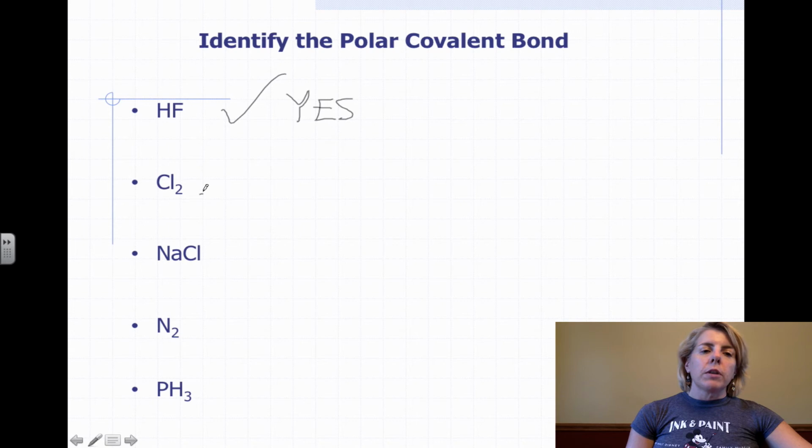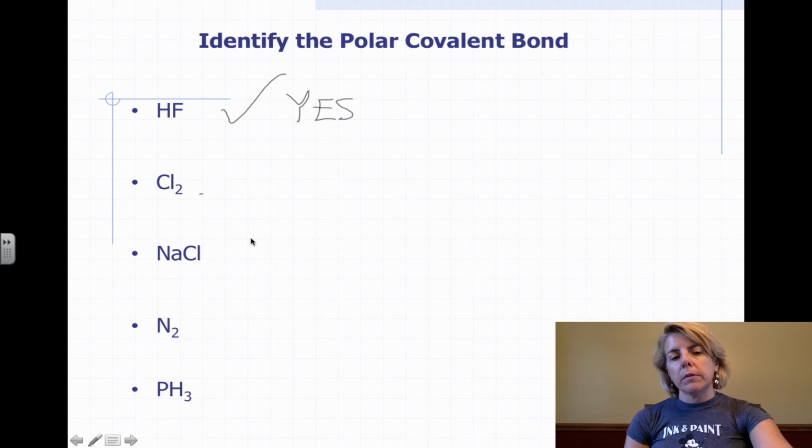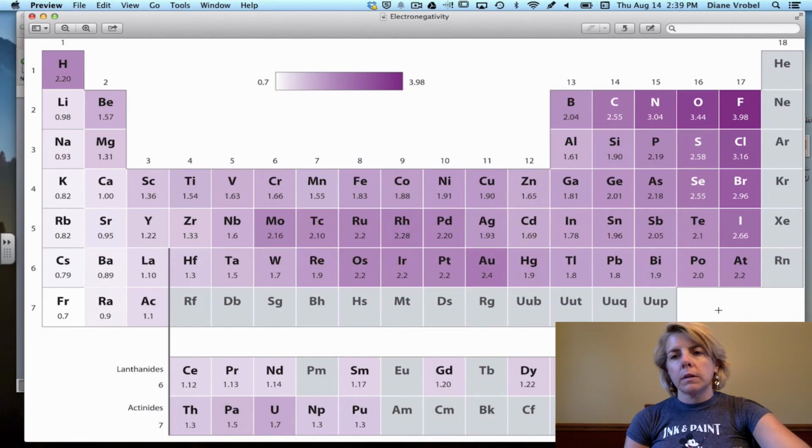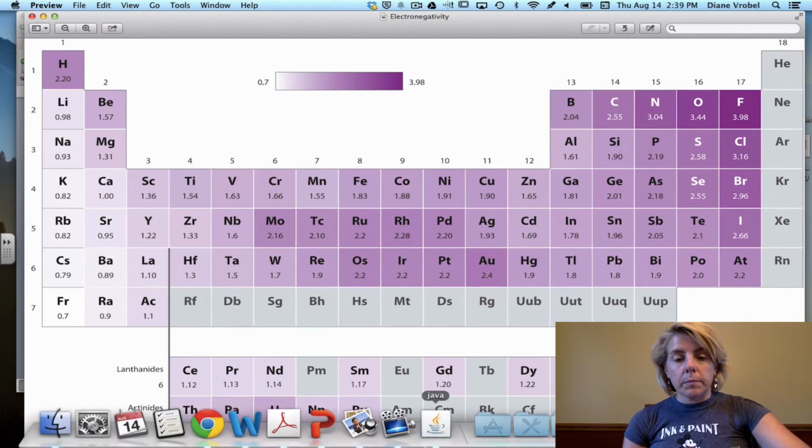All right, so the question is with chlorine, is chlorine a polar covalent bond? Well, let's go back to the periodic table. Okay, notice that chlorine is all the way over here. Yes, it's very electronegative. Now, let's go back to our problem.